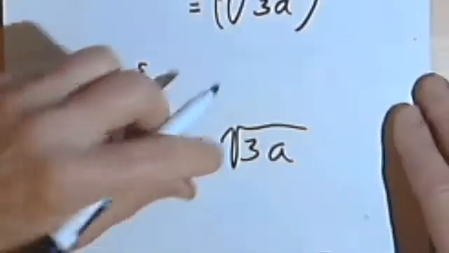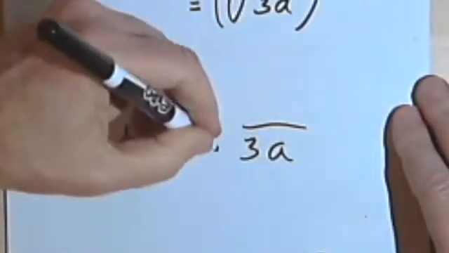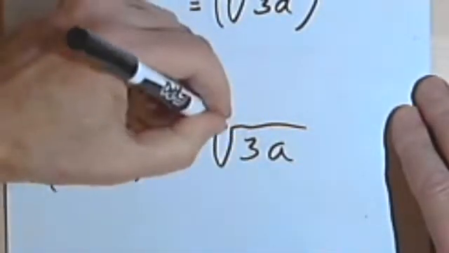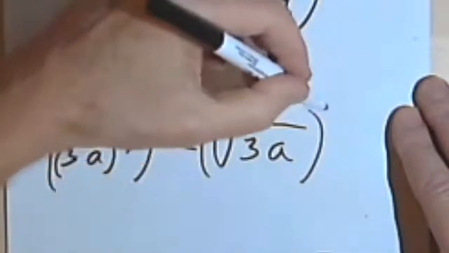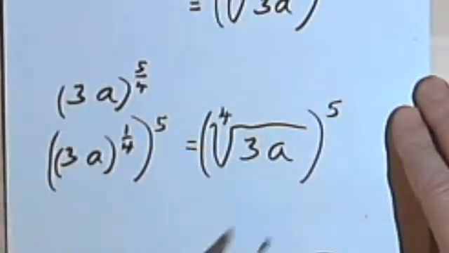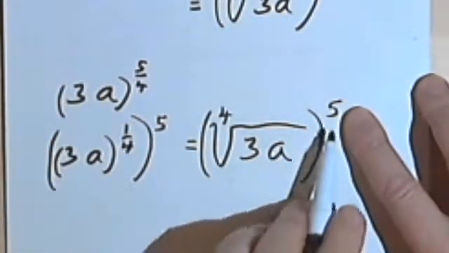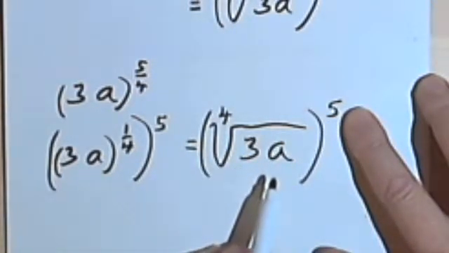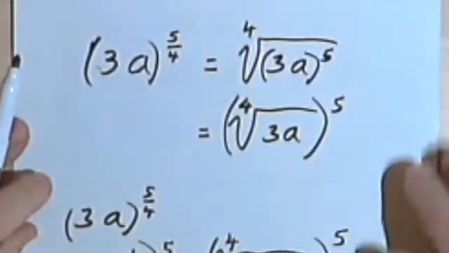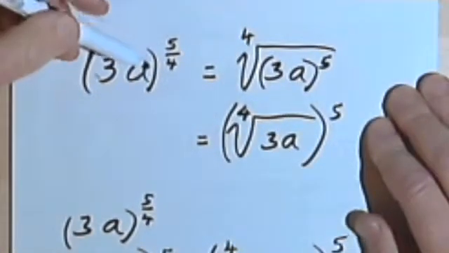So I'll make a little room for the 4, a little notch. So it's going to be the fourth root of 3a raised to the 5th power. If I raise it to the 5th power, then the 5 goes outside as an exponent for the entire fourth root of 3a.